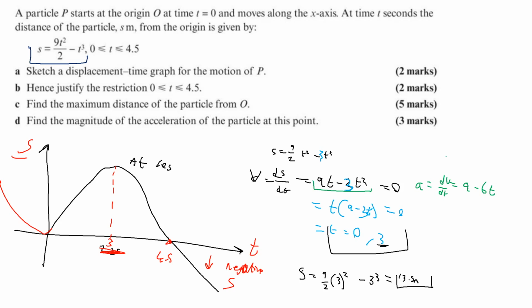We know that t is equal to 3, so the acceleration is just going to be 9 minus 6 times 3, which is equal to minus 9 meters per second squared. And that is another 3 marks that you can get for this question.